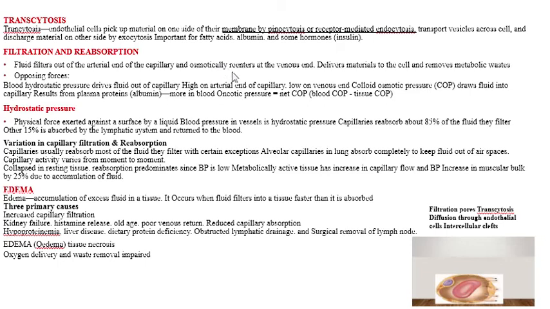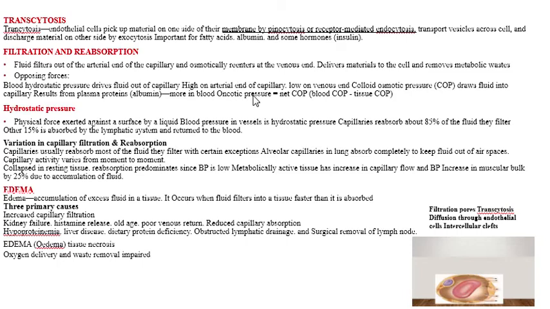Alveolar capillaries in the lung absorb completely to keep fluid out of the air. So when there is fluid in the alveolar capillaries at the site of alveoli, gas exchange is affected, so there is usually no fluid because it is completely reabsorbed. Okay?